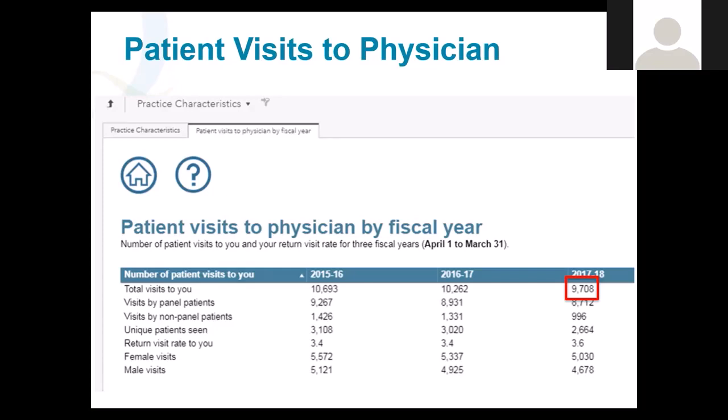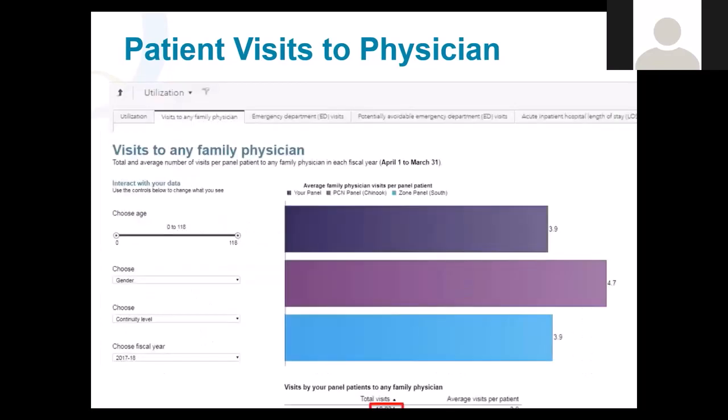So now we have the supply of visits that the physician can provide, but what about the demand of the panel? We're going to want to look at the demand in the utilization section of the report to find this. So we're flipping to utilization, and utilization is talking about this entire panel.